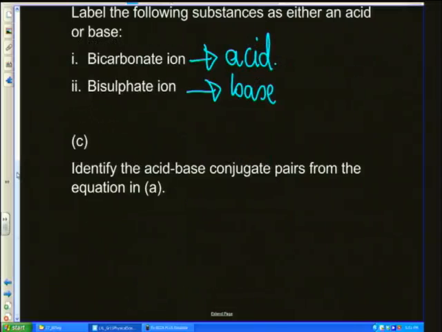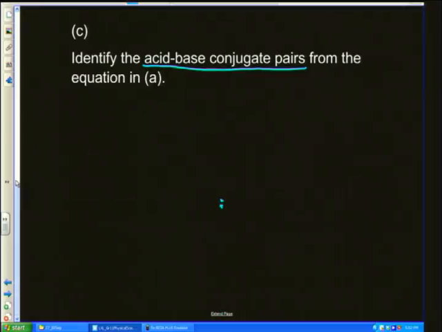Right. Now, number C. If you look at number C, it says identify the acid-base conjugate pairs from the equation above. Let me rewrite the equation quickly so that we can see what is happening.